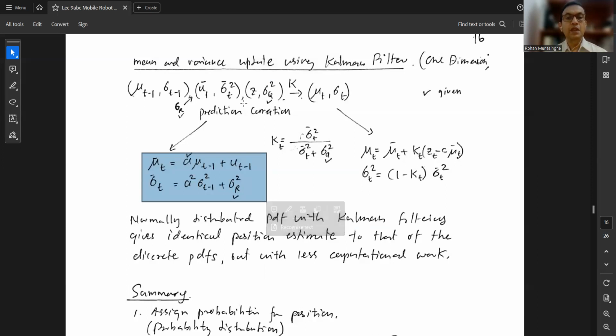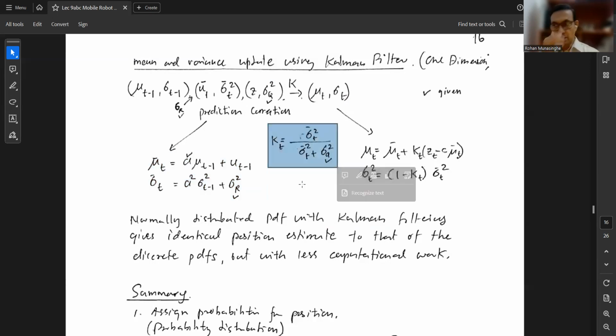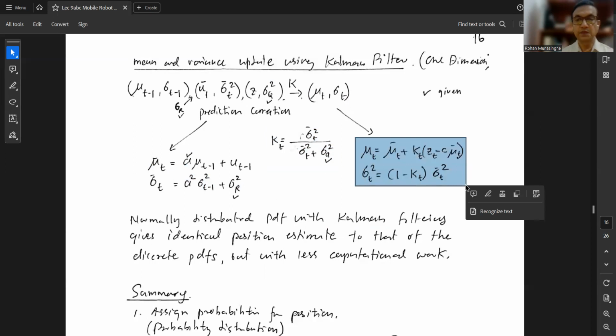Then once you got to t using the prediction, you use the sensor measurement and calculate the Kalman gain. The Kalman gain can be calculated using this equation. And with the Kalman gain and the sensor measurement, you can calculate your new mean and variance using these two equations.